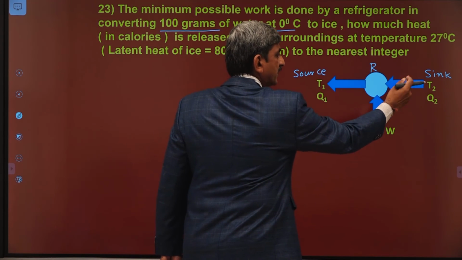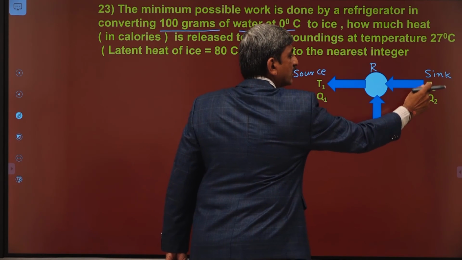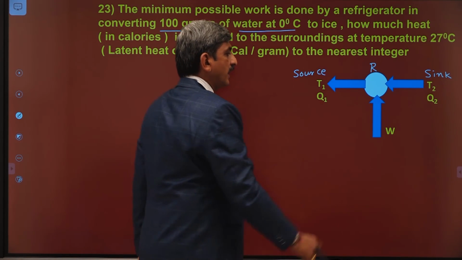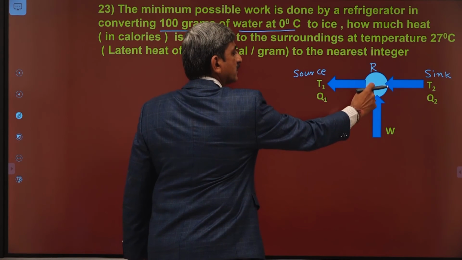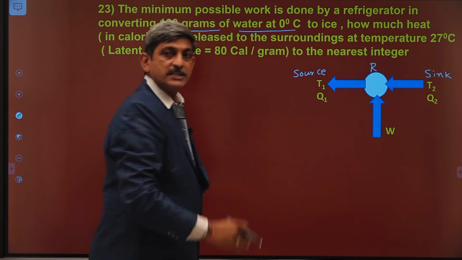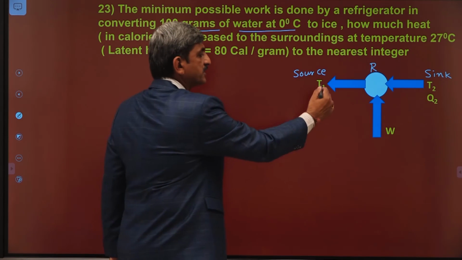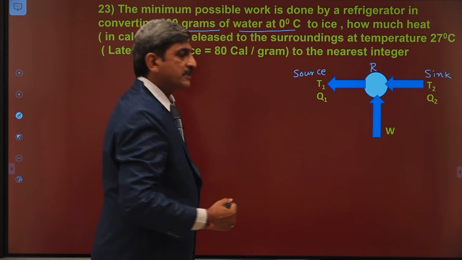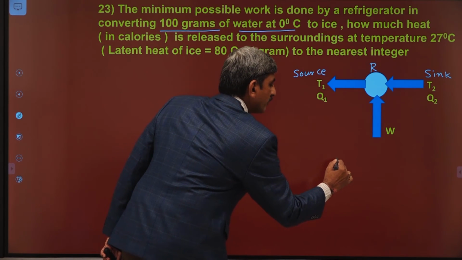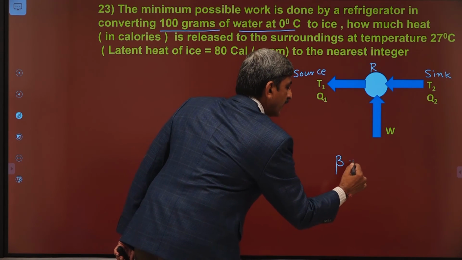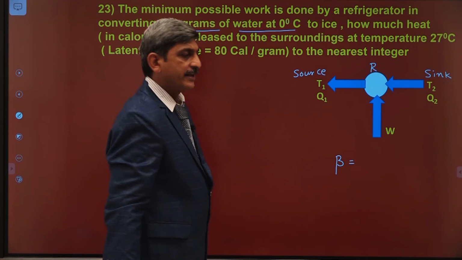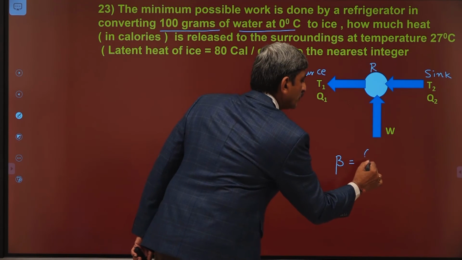The refrigerator takes Q2 amount of heat energy from the sink. By doing W amount of work, Q1 amount of energy is transferred to the surroundings. For this refrigerator, we can define one parameter, that is the coefficient of performance, beta. And the coefficient of performance is defined as beta is equal to Q2 by W.